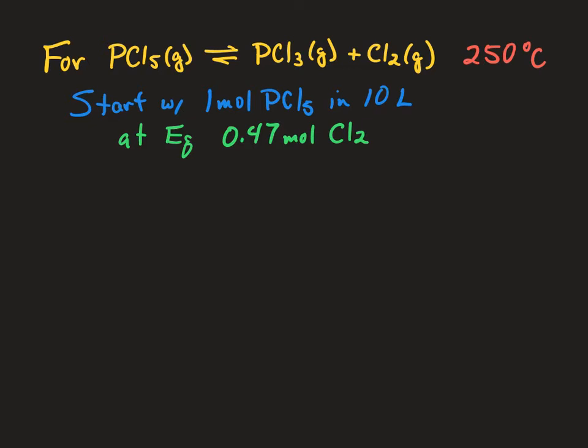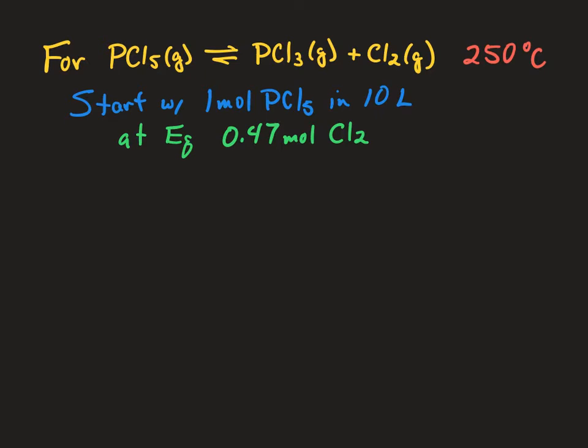Okay, so we're going to start with this reaction, phosphorus pentachloride decomposing in equilibrium with phosphorus trichloride and chlorine gas. And this reaction was studied at 250 degrees Celsius.